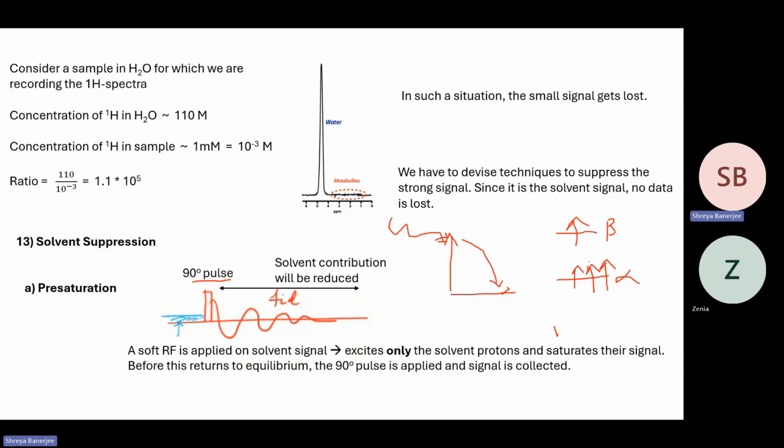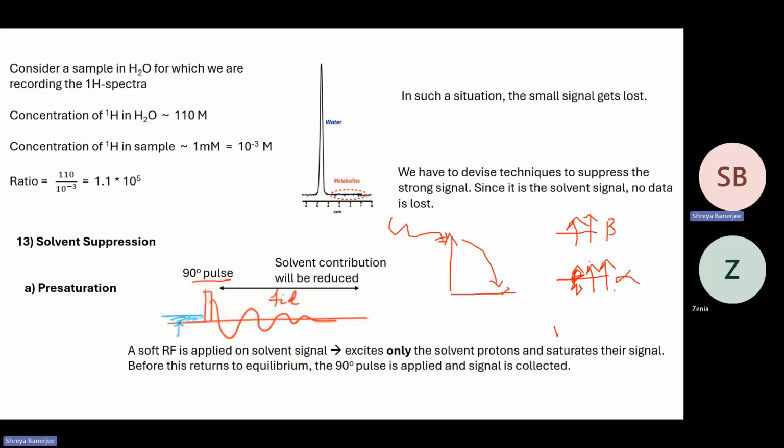Now this blue region that is shown here is a special radio frequency that is applied only on the solvent. It will excite the solvent protons and saturate the signal. Saturation basically means the number of nuclei in the upper and lower level become equal. So it will excite some nuclei from the lower level to the upper level, ensuring that the numbers in the upper and lower level are equal.